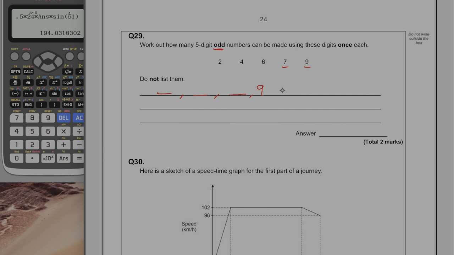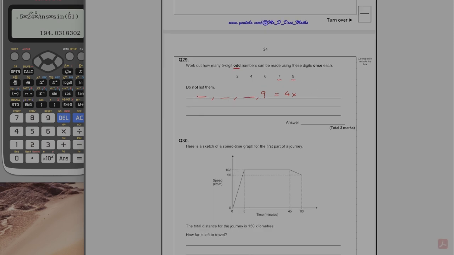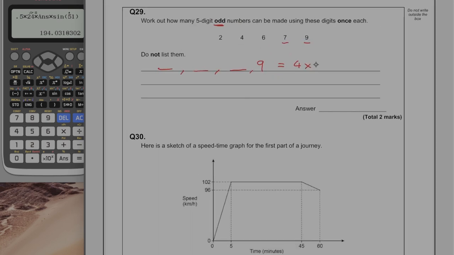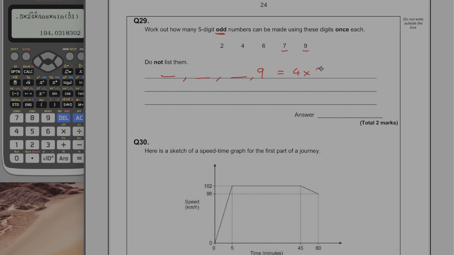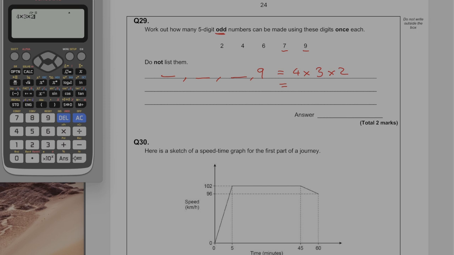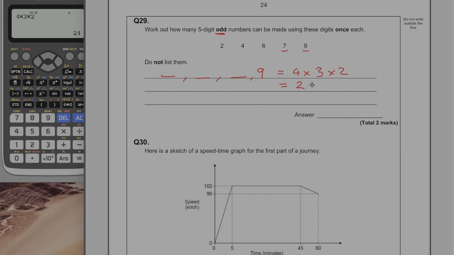So that's going to be equal to 4 times 3 times 2. So there's going to be 24 combinations that end in a 9.